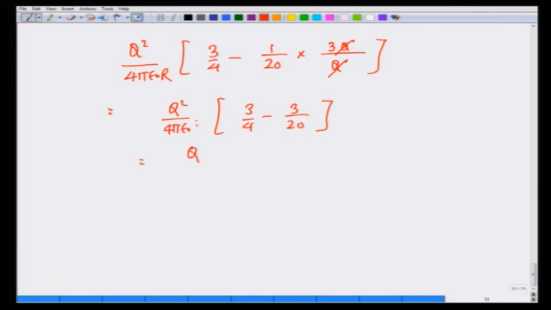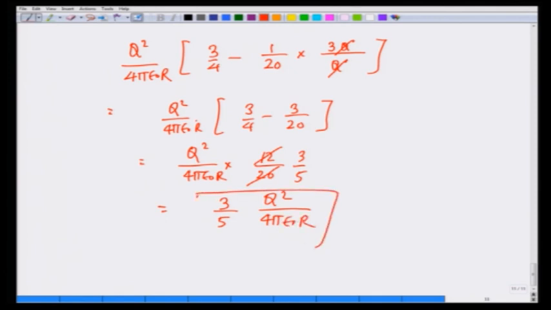that is q square over 4 pi epsilon 0 r times, this will be 12 over 20, which is nothing but 3/5, which is 3/5 q square over 4 pi epsilon 0 r. Same answer as earlier.